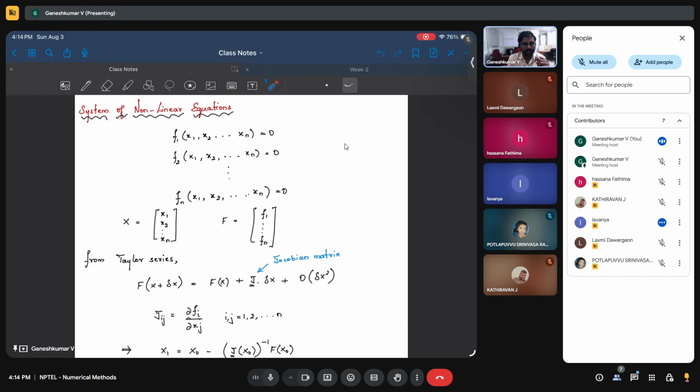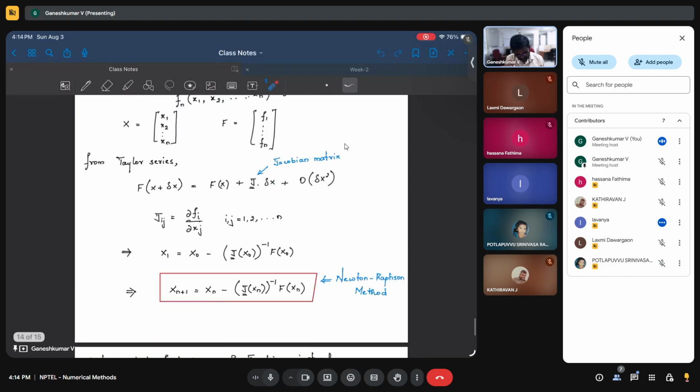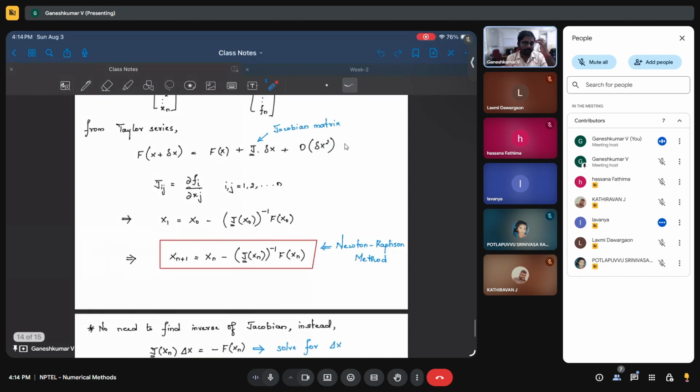But here you cannot write it as Ax equal to b. That is the difference. If you could write it as Ax equal to b, then the problem is solved. You can solve using Gauss elimination, Gauss-Jacobi, whatever we studied in the previous week. But here you cannot write it as Ax equal to b. That is the main problem, and hence you need to follow one of the methods.